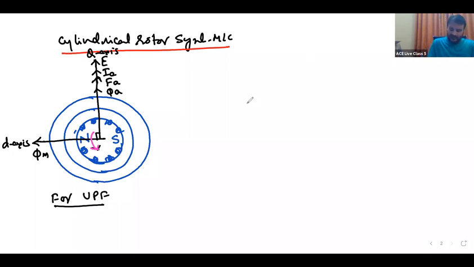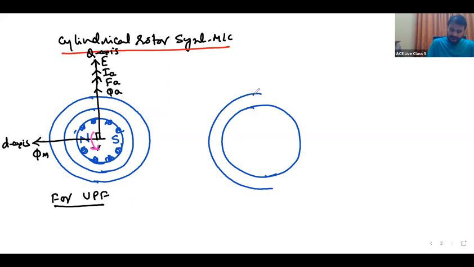Similarly, let us take 0.8 lagging power factor for the same machine.